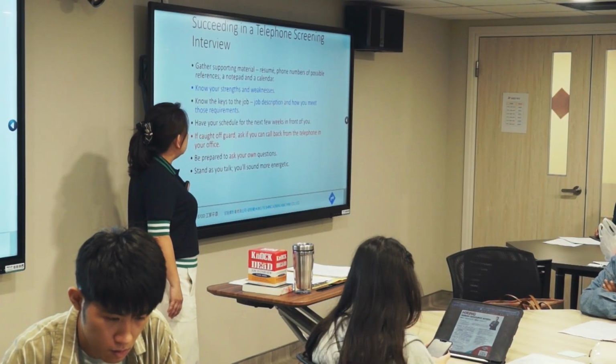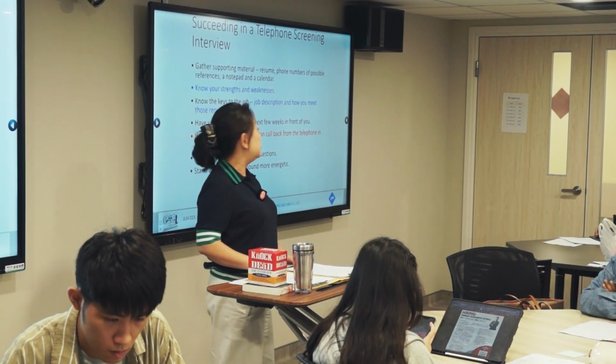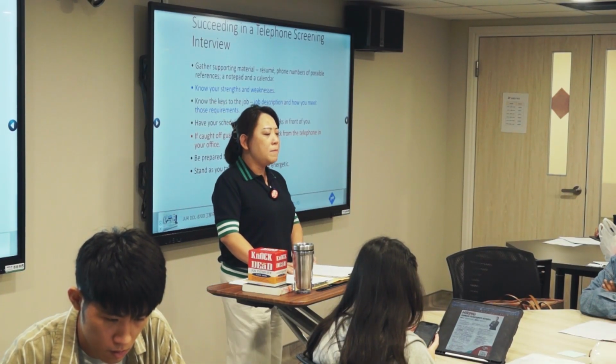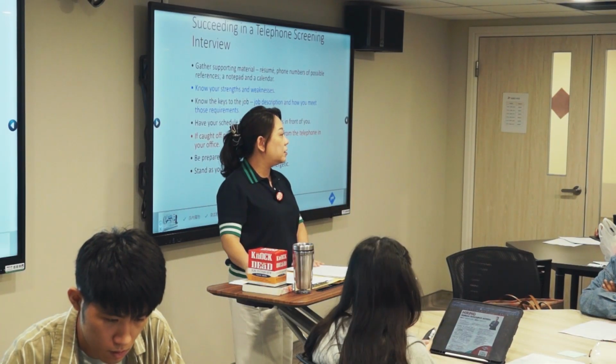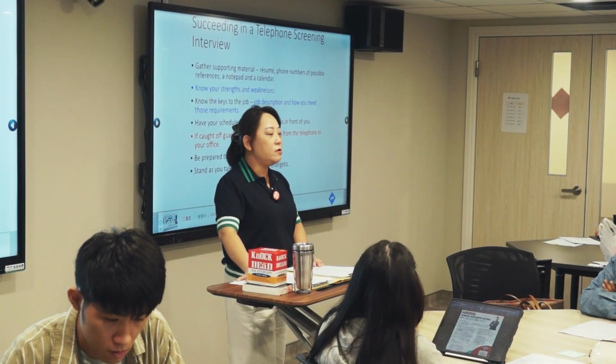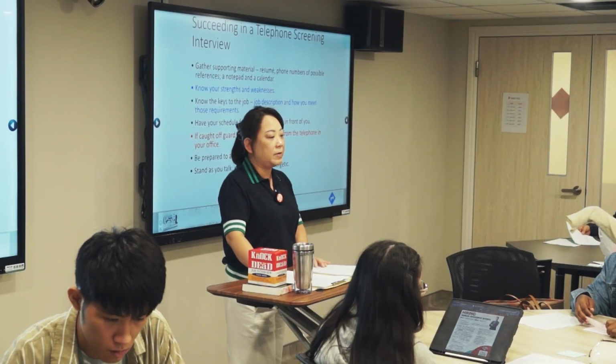And the key is to read the job description and show how you meet the requirements. Remember, in the resume, the first section is called the career objective, right? Check your resume to see if you include this paragraph at the beginning.